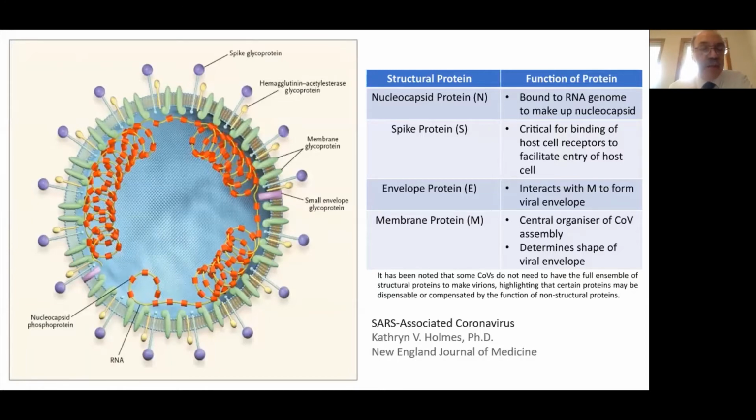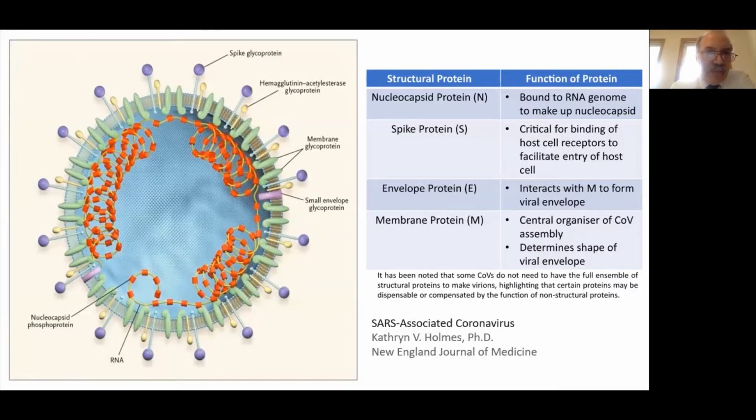This RNA genome has a considerable number of genes. It's the largest genome of the RNA viruses, those viruses that use RNA as their genome to encode and express the viral genes that are critical for reproducing itself inside a cell.